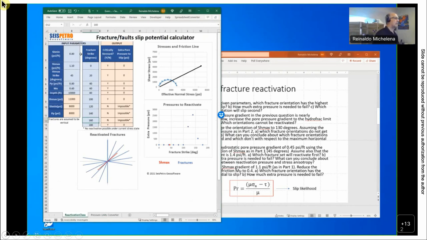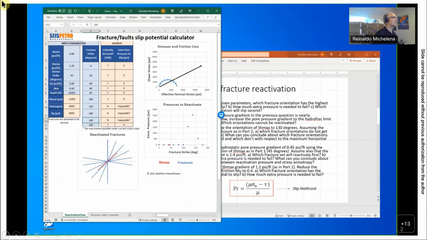So the input data is the minimum horizontal stress gradient, so it's psi per foot, the maximum horizontal stress gradient, the orientation of SHmax, and the pore pressure, and we can see here all the ingredients that we need to calculate the slip likelihood. We need the coefficient of friction.